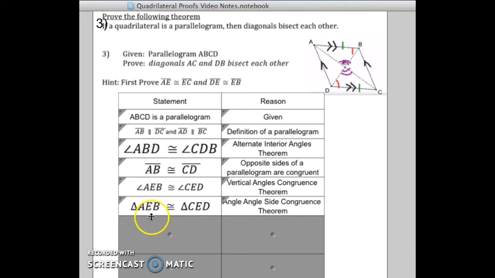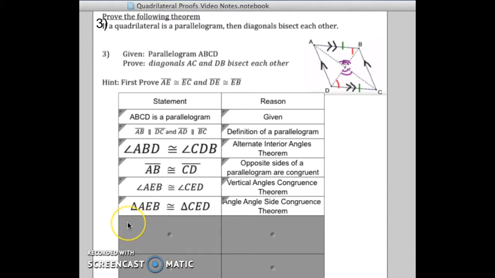It's very important how I name these triangles, because how I name them is how I'm saying the vertices match up and how corresponding sides and angles match up. Triangle AEB: A corresponds with C, so triangle CED. If I change the name of the first one, I have to change the name of the second one so that corresponding parts are matching up.